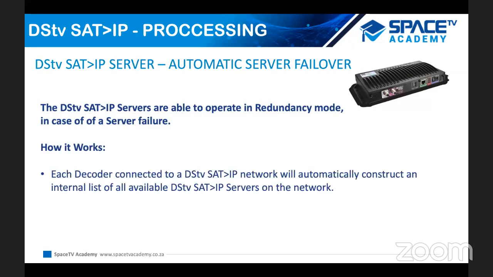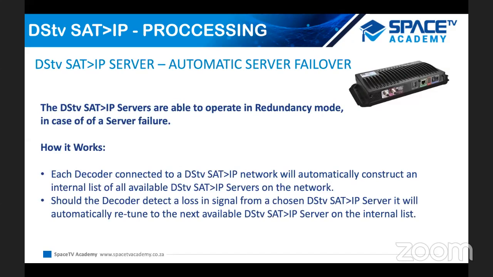How does that work? Each decoder connected to the DStv SATIP network will automatically construct an internal list of all available DStv SATIP servers on the network. So when the decoder boots, it will scan the network, and if there's more than one server present, it will build an internal table with a record of all the available servers.